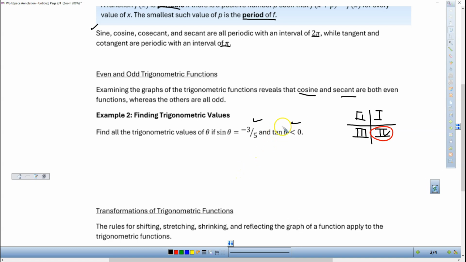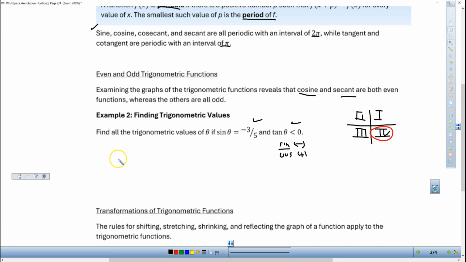And if you remember, another way of thinking of tangent is sine over cosine. We know that sine is negative, and cosine has to be a positive value in order for tangent to be a negative value. So that's why we know this has to be quadrant 4.